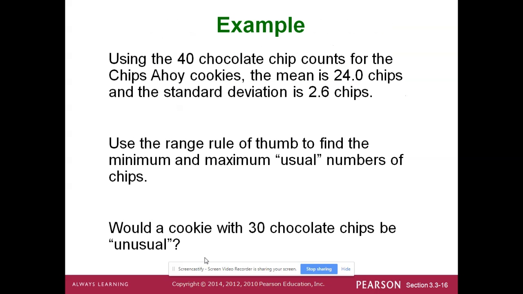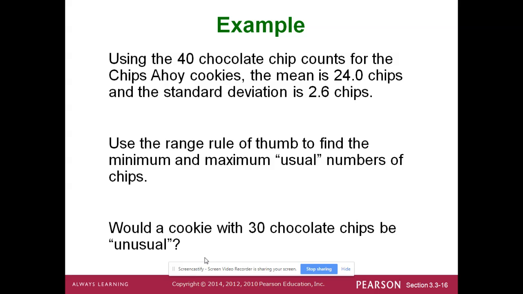All right. Here's our example. It's going to kind of put this into work. We've got 40 chocolate chip counts for the Chips Ahoy cookies. So what we did was take 40 cookies and count how many chocolate chips for each cookie. And the mean is 24 chips, and the standard deviation is 2.6 chips.